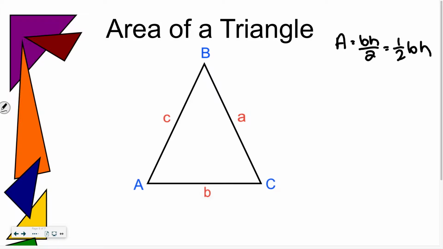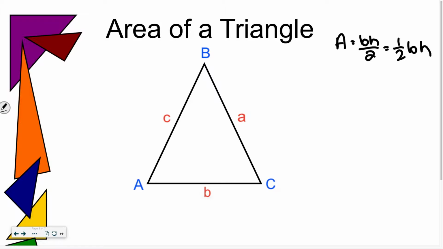Both of those are the same thing. If I know information about my triangle, like the angles ABC or the sides on the outside ABC, do I have enough information to use the formula you gave me? The answer is no, because I don't know the height.